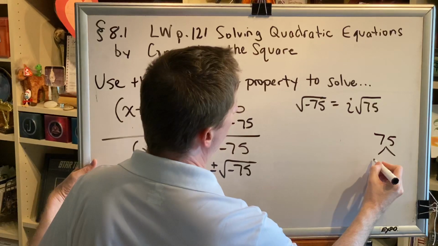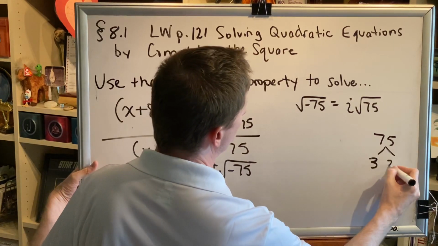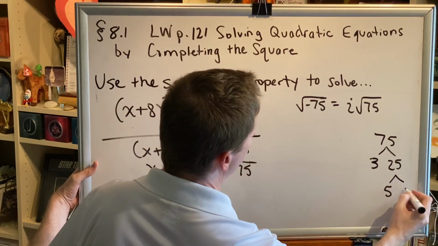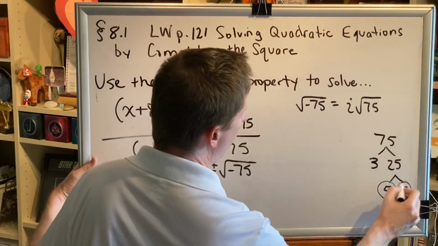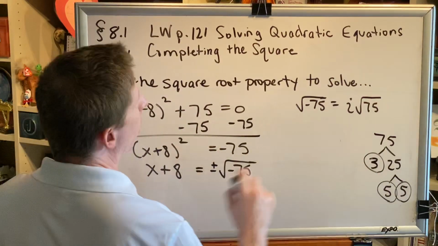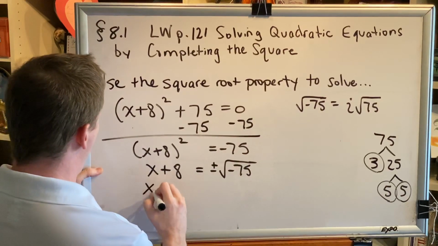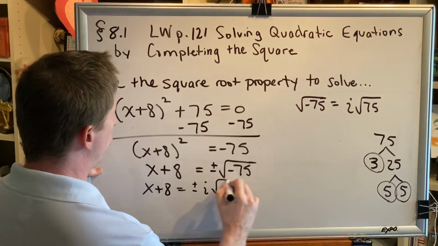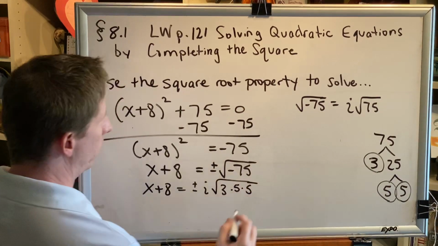75 can be made up of, let's see here, 25 times 3. So I'll write this as 3 times 25. And then 25 is 5 times 5. So what we can see here is that we're going to have a perfect group of 2 inside and an imperfect factor of 3. So x plus 8 equals plus or minus i square root of 3 times 5 times 5.